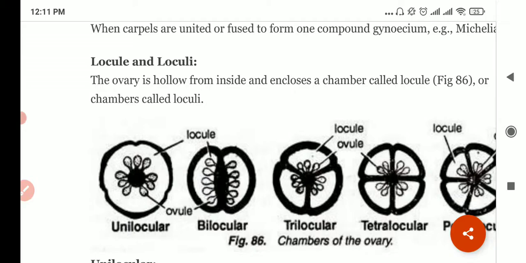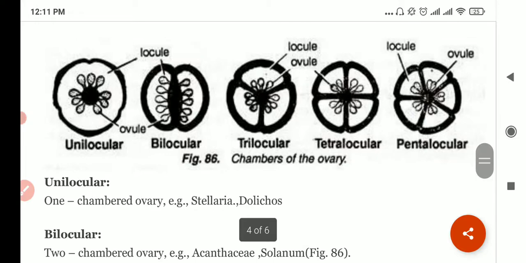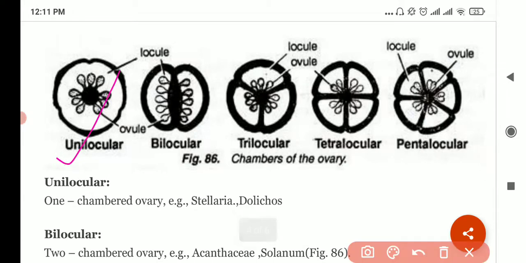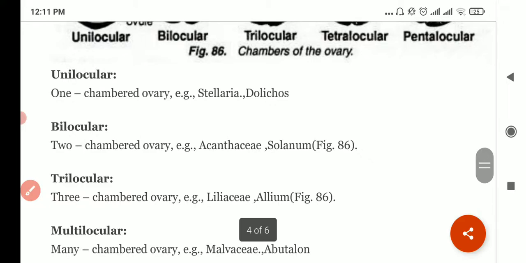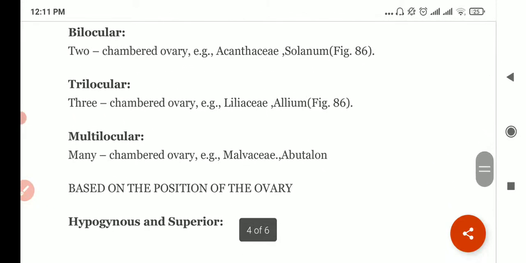That is your locule or loculi. Then if there is one chamber, it is unilocular, two chambers bilocular, and so on. Unilocular, one-chambered ovary, bilocular, two-chambered, trilocular, three-chambered, multilocular, many-chambered. The examples are given there.